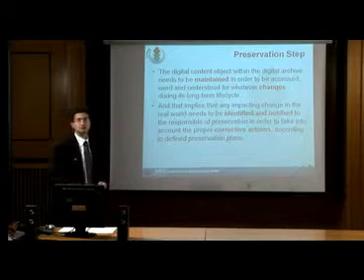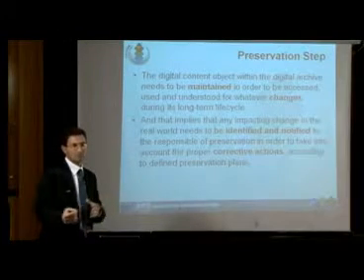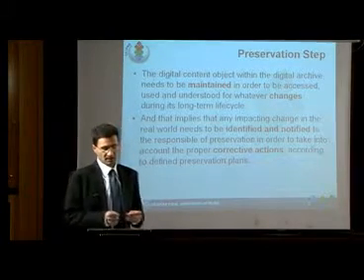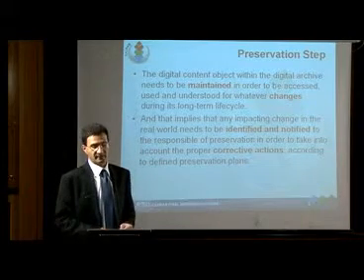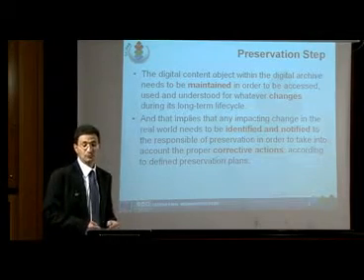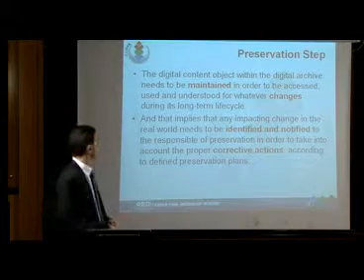So, while we discuss the preservation steps, one of the most important aspects for preserving the object is that we have to maintain within the digital archive the digital content object so that it can be accessed, used and understood despite whatever changes occur during its long-term life cycle.